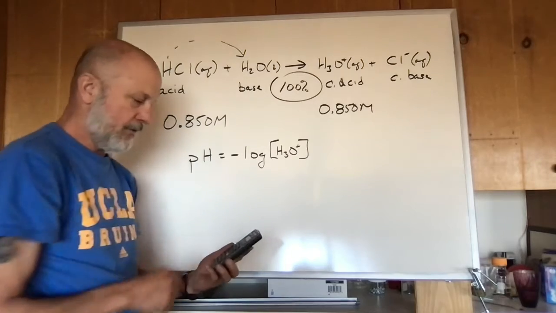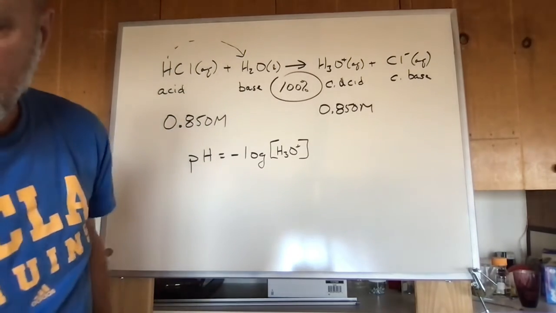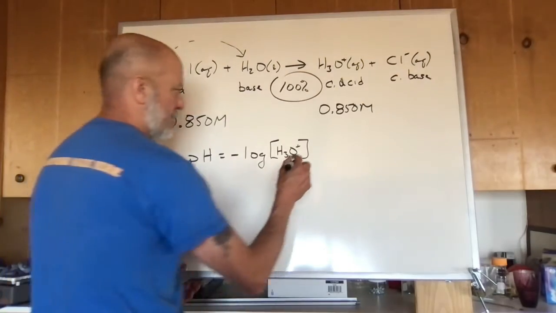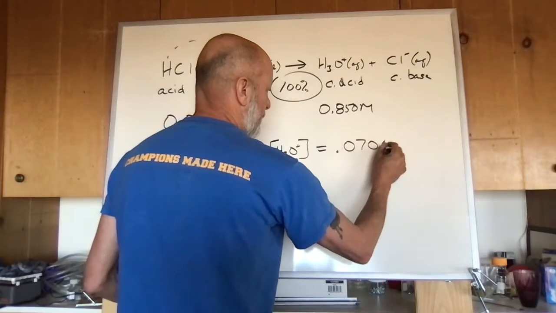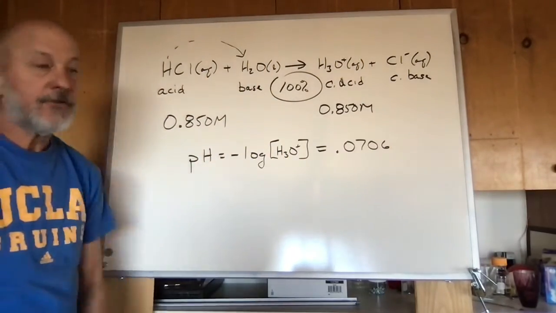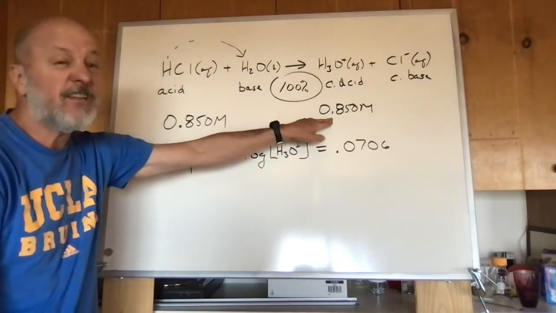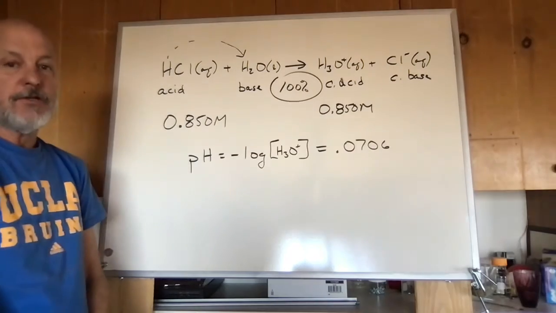It's the negative log. So the pH is 0.0706. No units on pH. Very low pH, like less than 1. Well, this is a strong acid, and I've got a pretty concentrated strong acid. So that would be the pH.